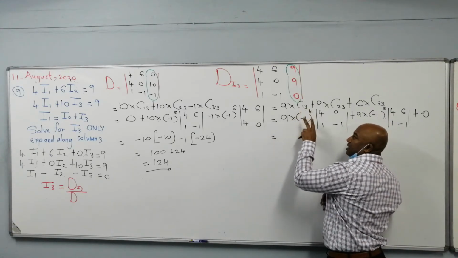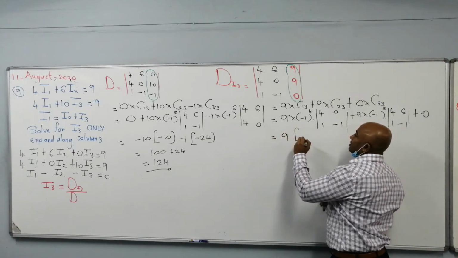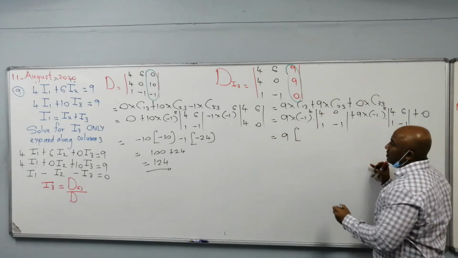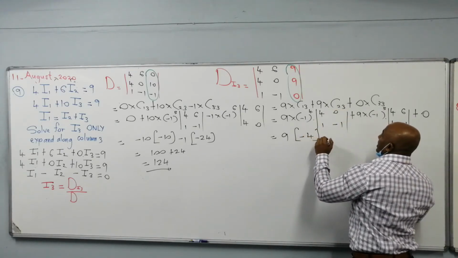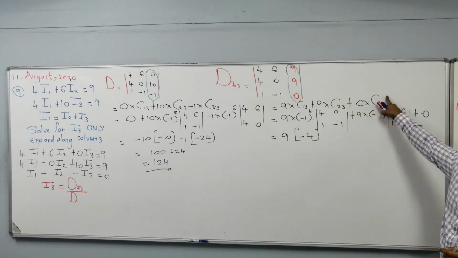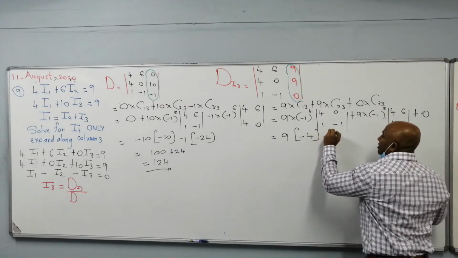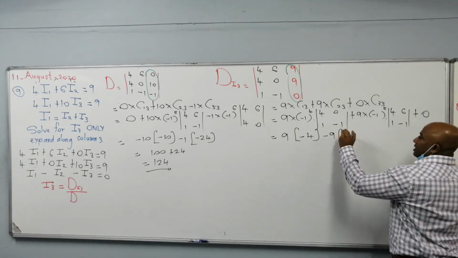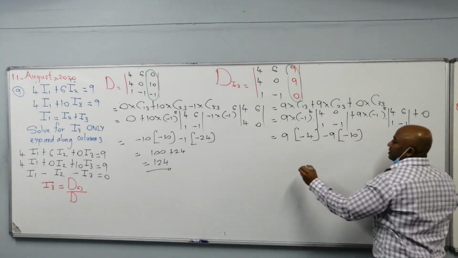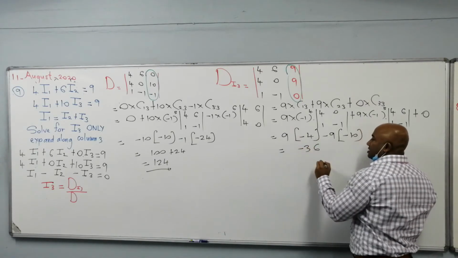Minus 1 to the power 4 is a positive 1 times 9 is 9. Here we're getting 4 times minus 1, which is minus 4. The other one is a 0 there, so you don't have to worry about that. Minus 1 to the power 5 is minus 1. Minus 1 times 9 is minus 9. And then we got minus 4, minus 6, which is minus 10. So we get 9 times minus 4, which is minus 36.